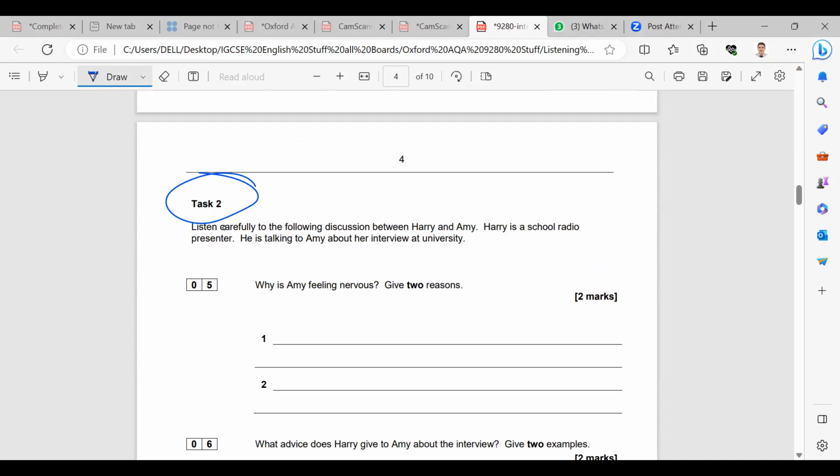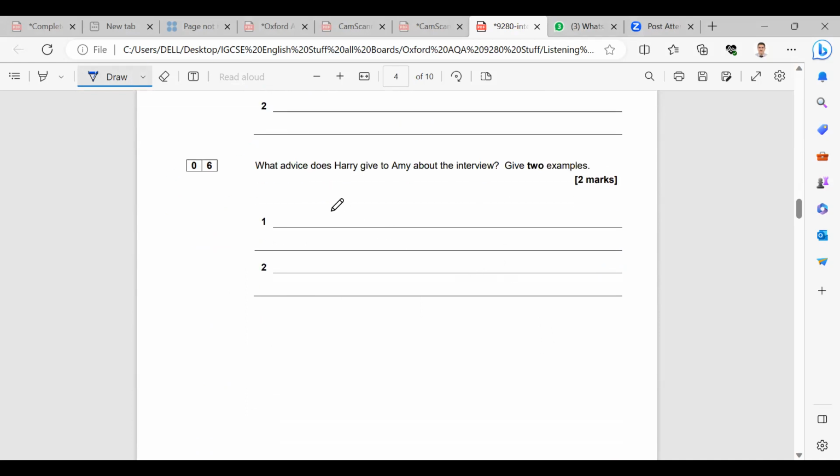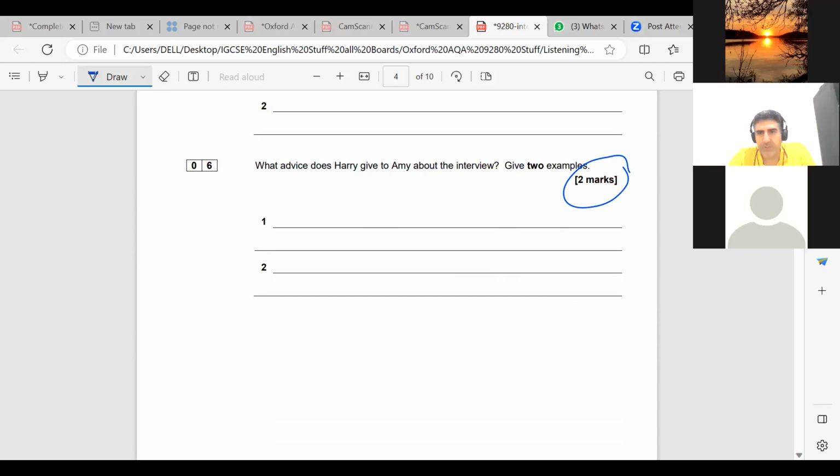Give 2 reasons. Clear? Another question: what advice does Harry give to Amy about the interview? Give 2 examples. And here 2 marks again. These types of questions, shabab, are called open questions. Does it make sense?